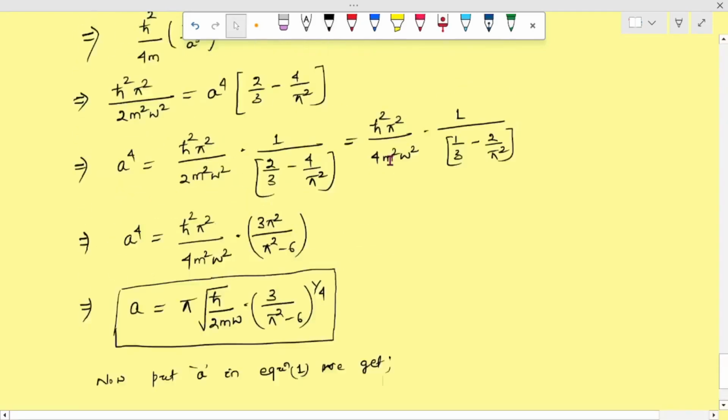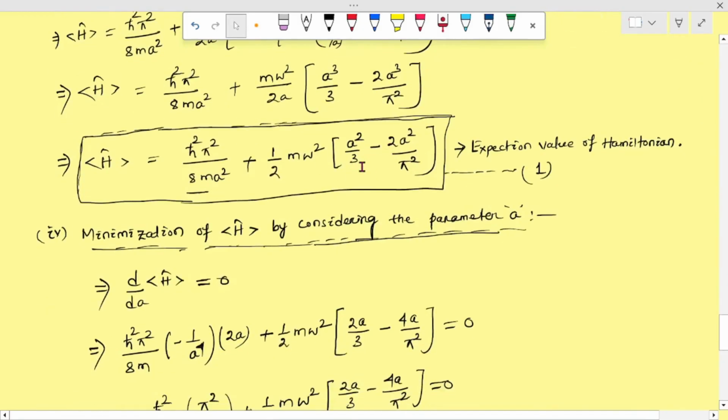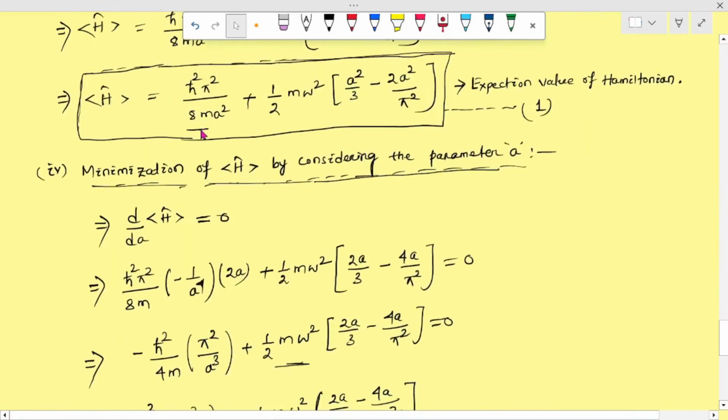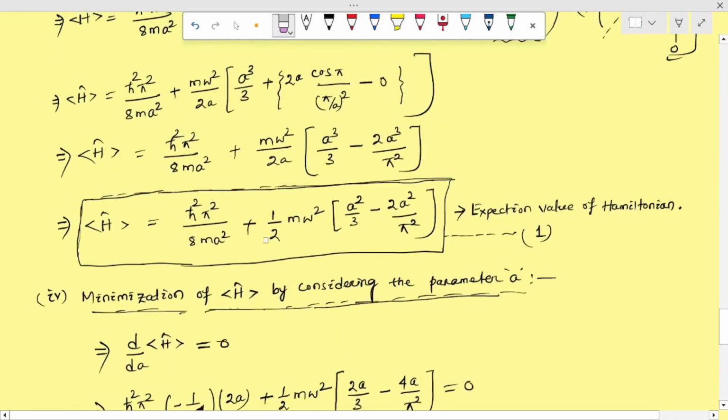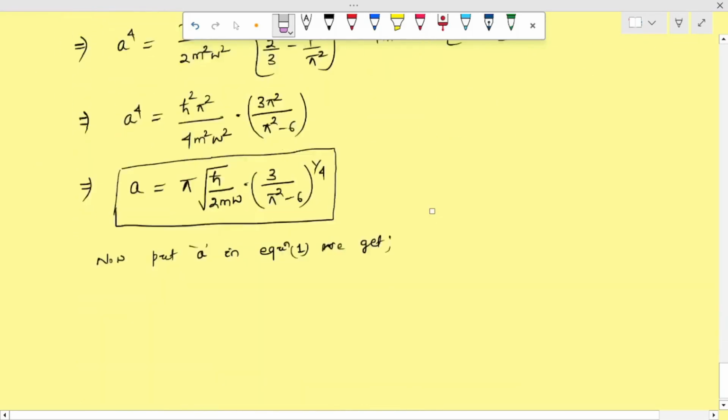Equation number 1 represents the expectation value of the Hamiltonian of the ground state. So if we put the a value, it will give you the expectation value or eigenvalue of the ground state of this system. Here a is there, here a is there, here a is there, so carefully we have to substitute.